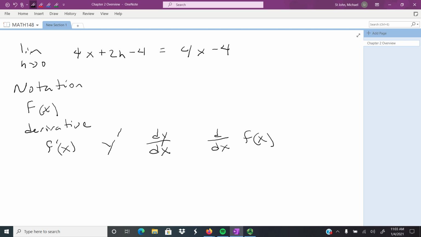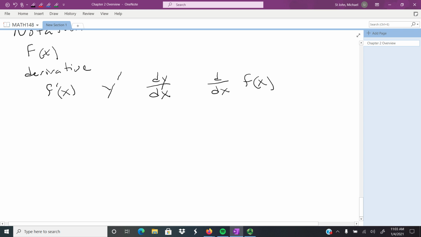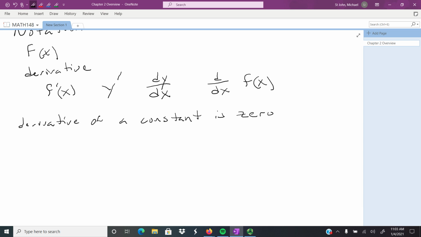All right. So let's find derivatives. And the other thing here is that the derivative of a constant is 0. Basically, a derivative is a slope. What is the rate of change? And of course, a constant doesn't change.